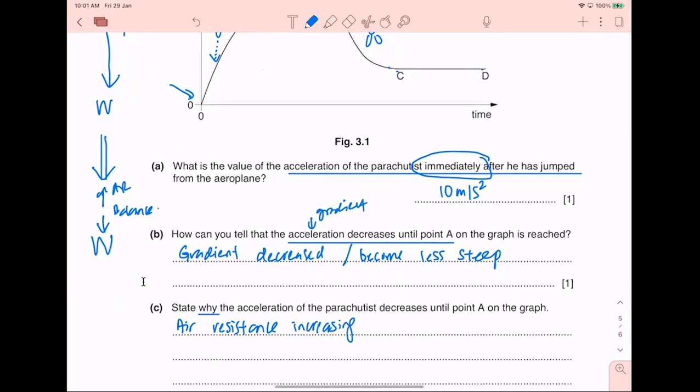So the trick for terminal velocity is that it's always the air resistance that changes. The weight will stay the same actually. It's just that at the beginning, the weight is greater because air resistance is a smaller value.